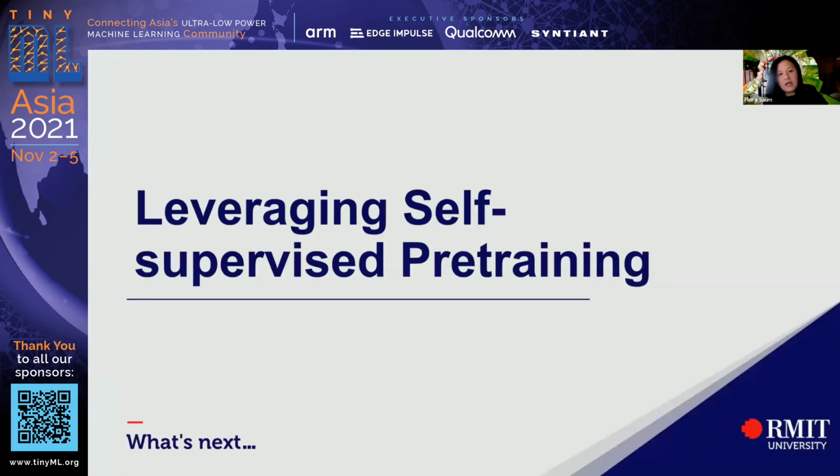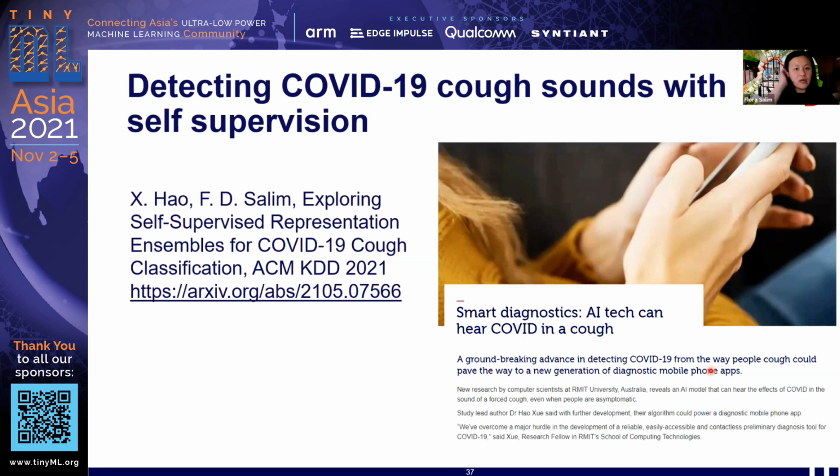Now, how do we leverage self-supervised pre-training? This is another trick. One of our recent works, published at KDD just a couple of months ago, is detecting COVID-19 cough sounds with self-supervision.